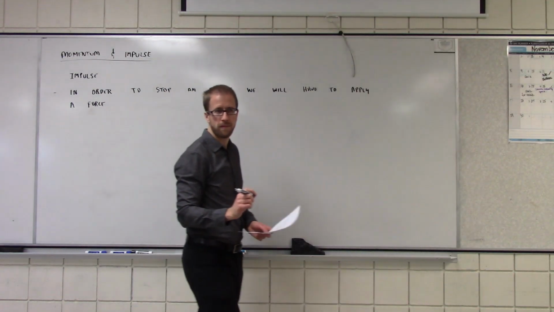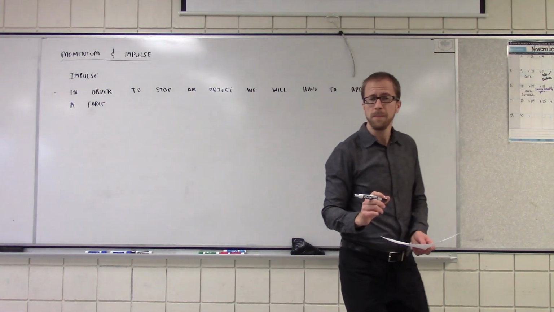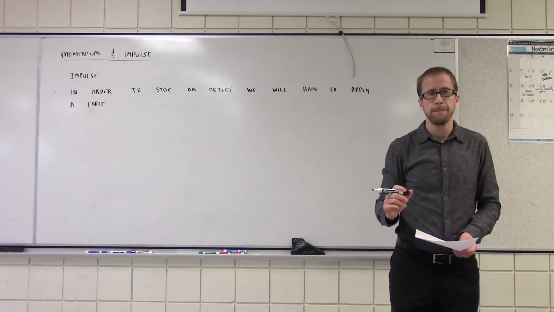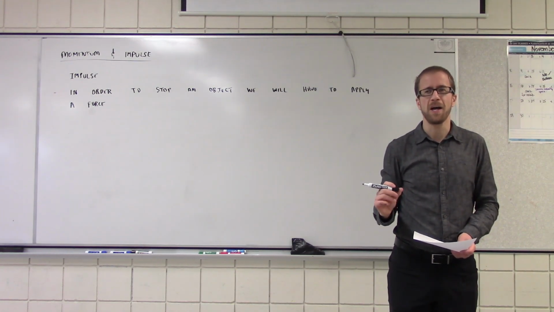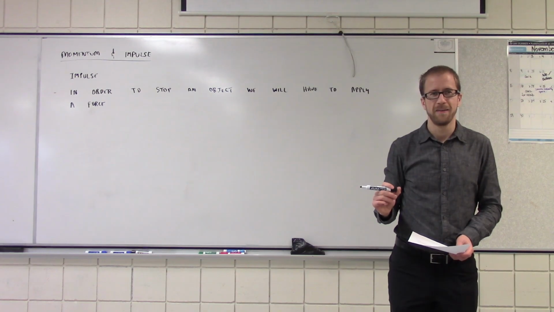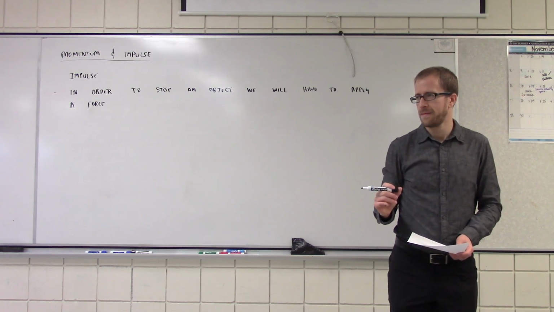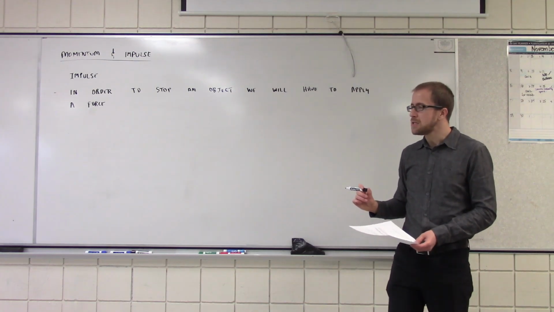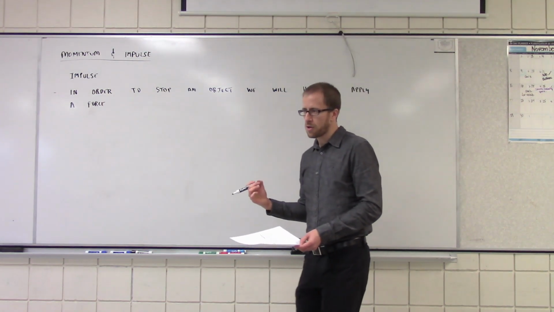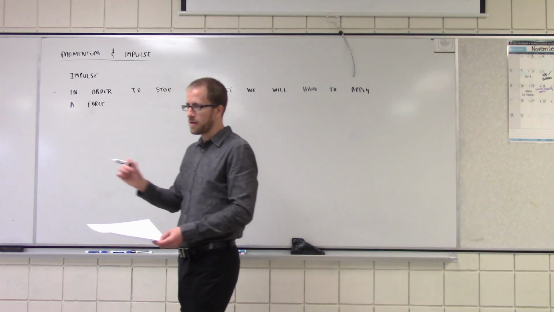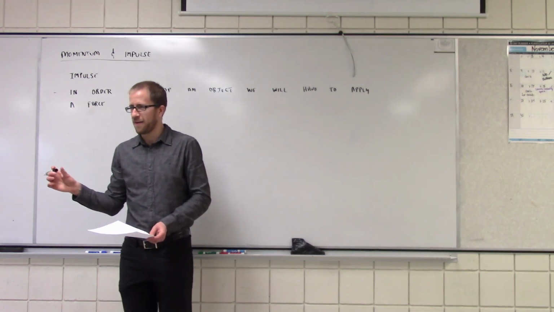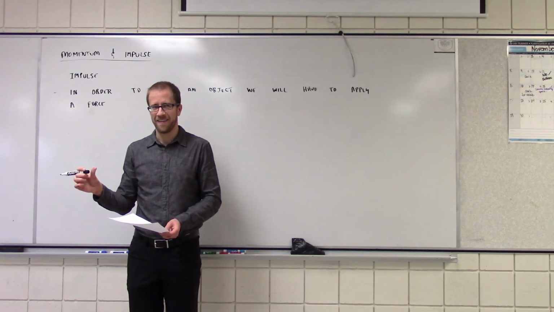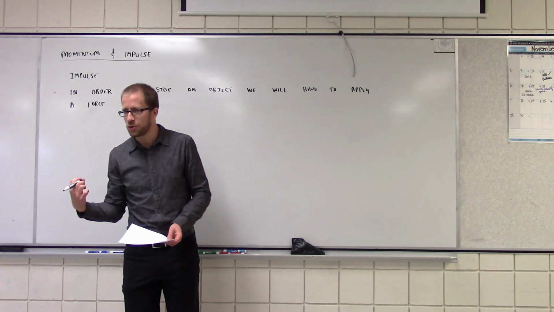What does an unbalanced force cause? Not necessarily. It's going to cause it to slow down or speed up. What do we call that? Starts with an A. Yeah, it's going to cause acceleration.